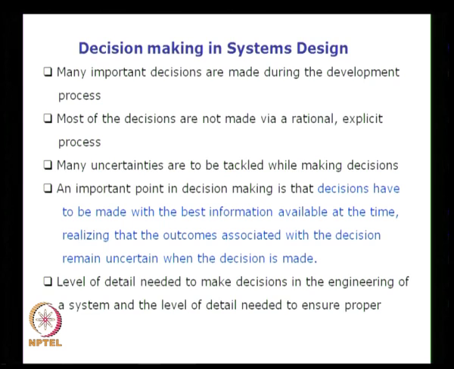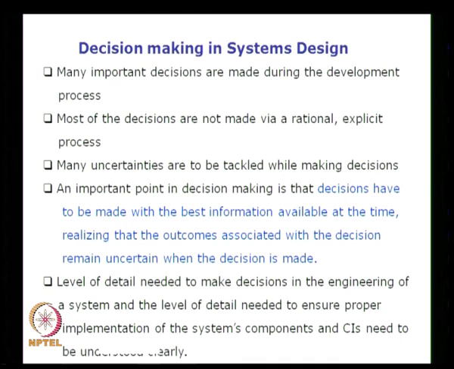The level of detail needed to make a decision in the engineering of a system, and the level of detail needed to ensure proper implementation of the system component and CI, need to be understood clearly. So in order to make a decision, we need to understand all the levels of detail. We may have to understand many factors involved in that particular decision.